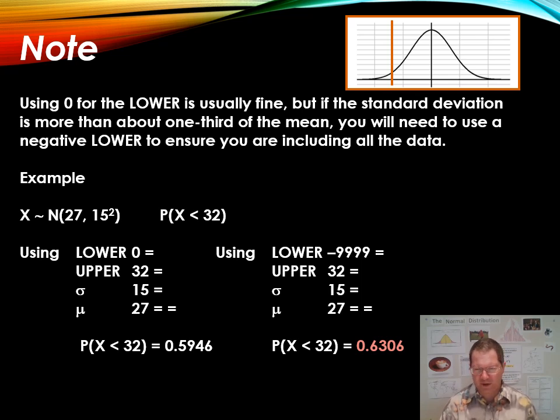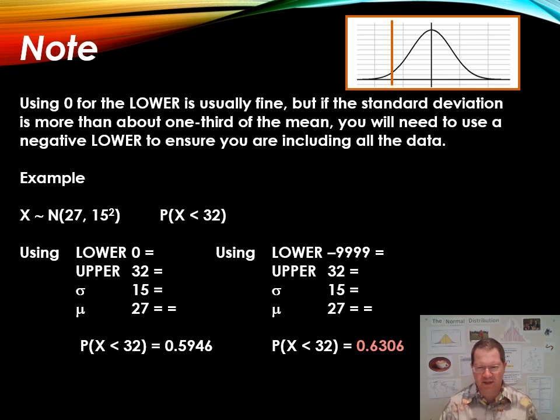However, if I use a lower negative value, like -9999 instead, then using the same other data I get a probability of 0.6306. That's because the standard deviation is fairly large compared to the mean. We've been talking about 3 standard deviations to trap nearly all of the data.